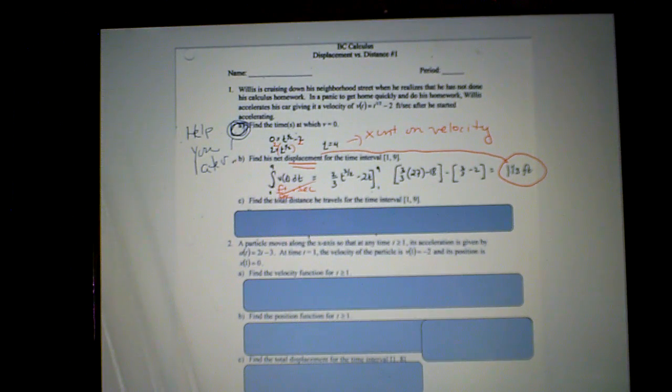The next question is find the total distance he travels from the time interval 1 to 9. Here's where I need to know total distance means that I have to have all positive integral values. And I know from the problem up here that there is an x-intercept on the velocity function where the velocity function hits the x-axis.